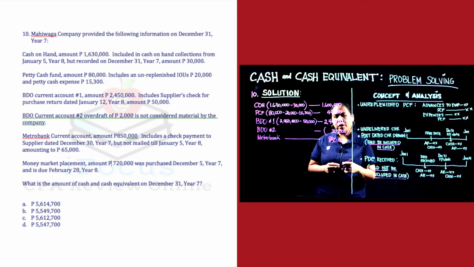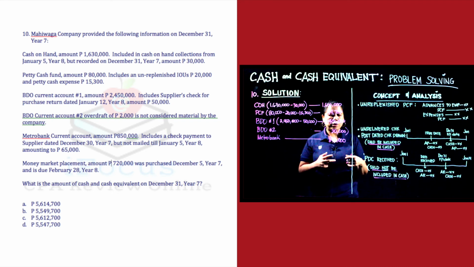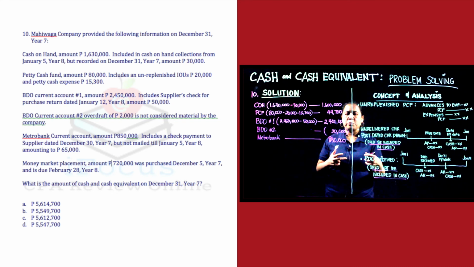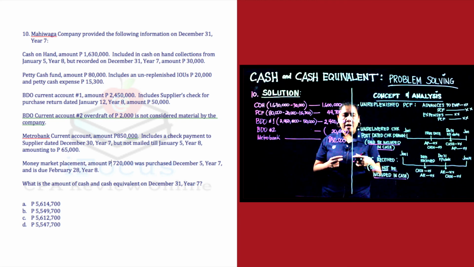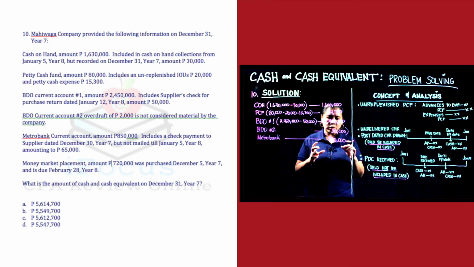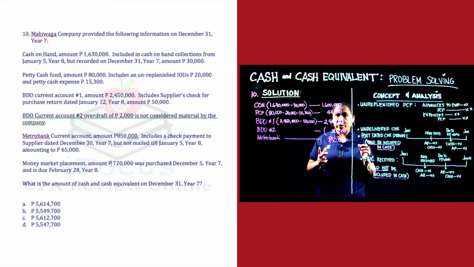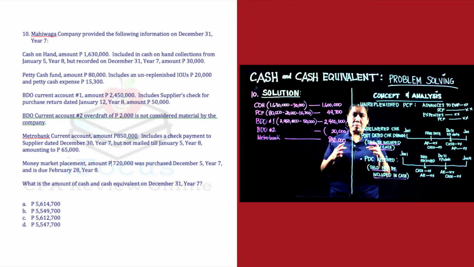Last item is money market placement amounting to 720,000 was purchased December 5, year 7, and is due February 28 of year 8. So this is a cash equivalent. The money market placement is an instrument, and to be able to classify this as a cash equivalent, kailangan it falls into the 3-month rule.